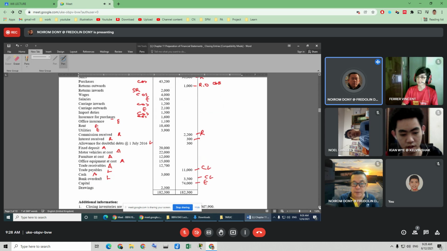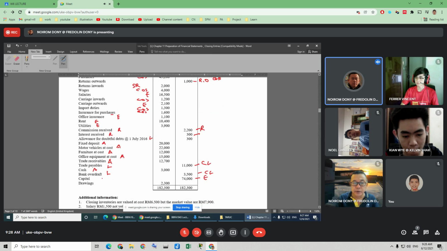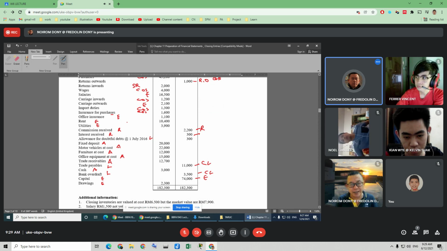And then capital, equity, growing equity. By identifying all this, every item in the trial balance has to go to one of the financial statements.